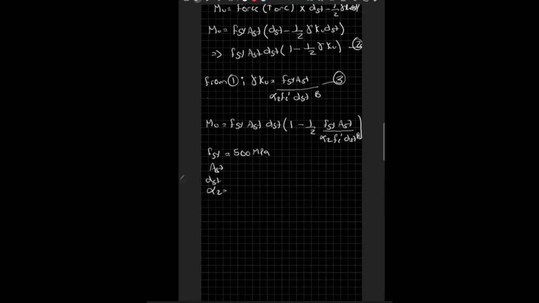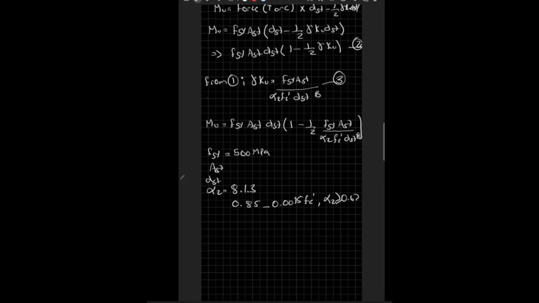It's 8.1, here it is, 8.1.3, and that is 0.85 minus 0.0015 Fc dash. Okay, and alpha 2 has to be greater or equal to 0.67.